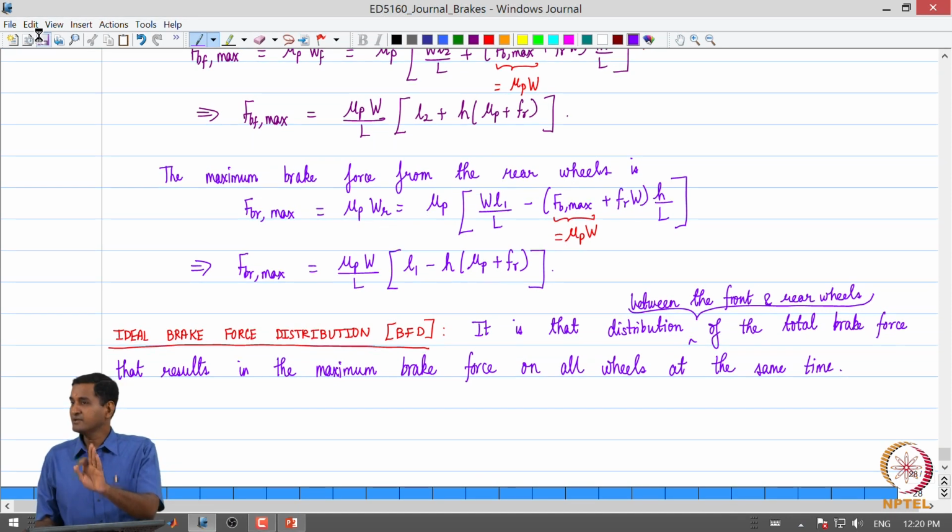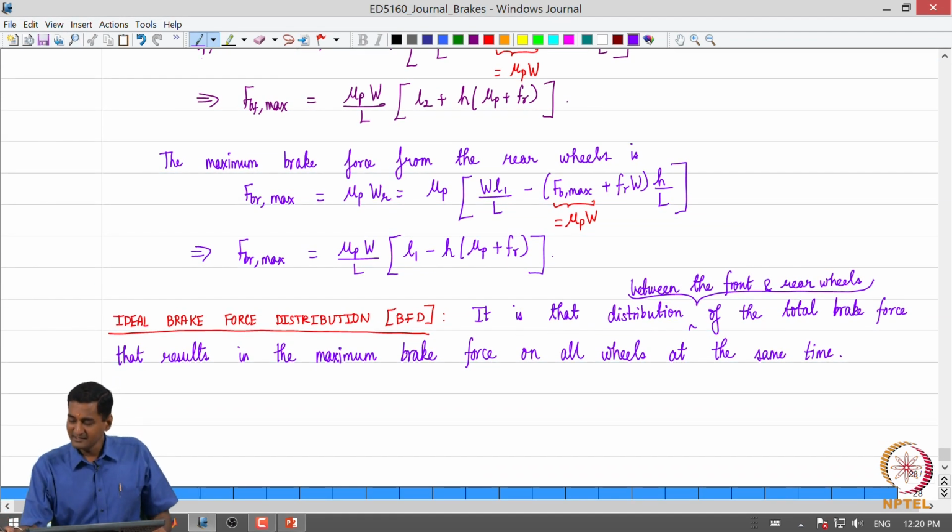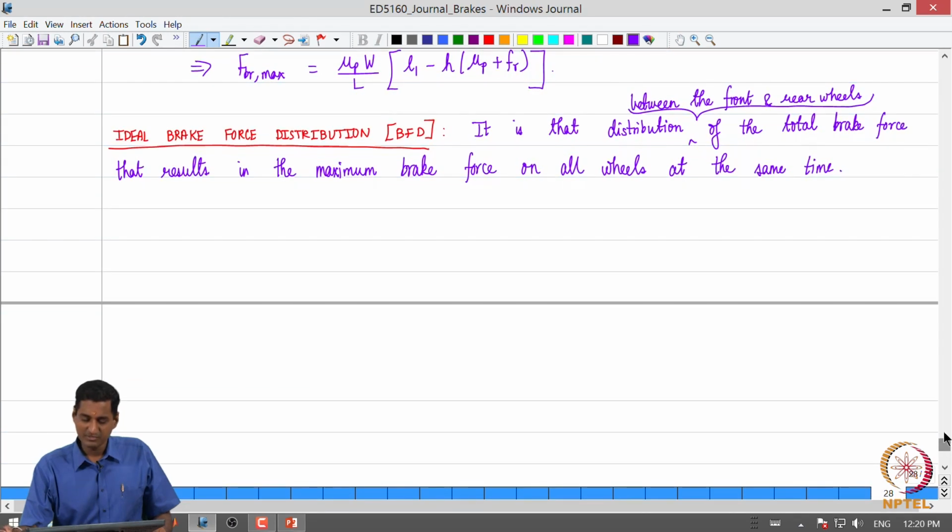That means we are going to get the highest stable deceleration, because if we are using the maximum friction available at a particular tire road interface, I am getting the best out of my brake system for a given tire road interface. That is the indicator of the maximum stable braking force that I can achieve, and consequently it gives me the maximum stable deceleration.